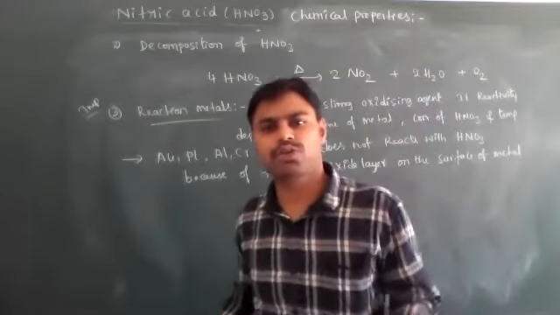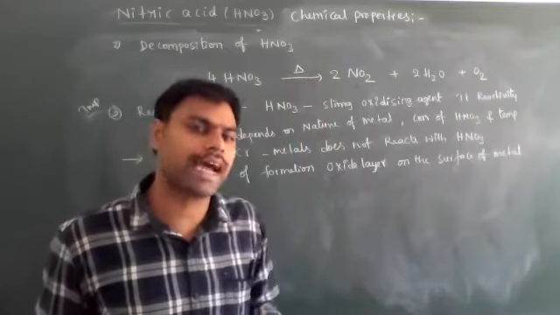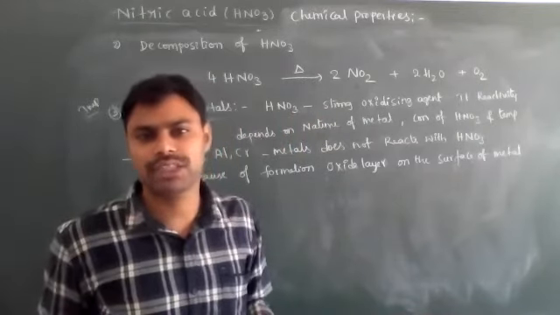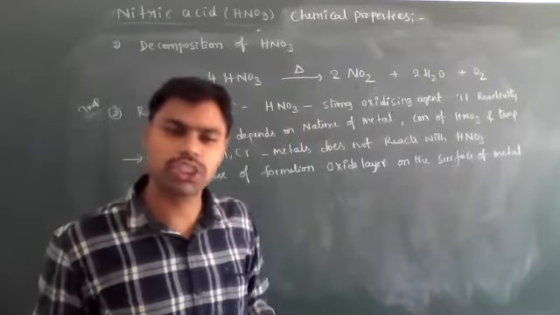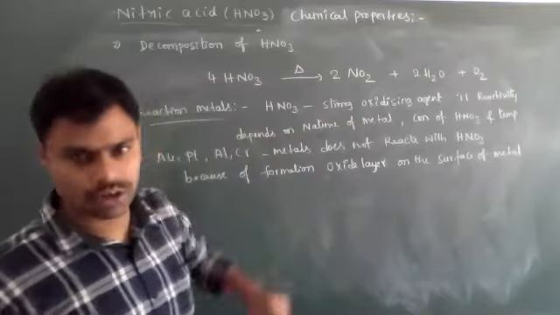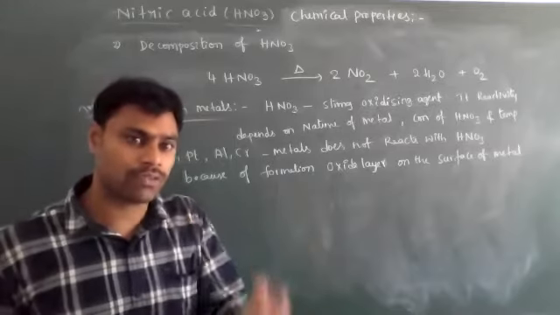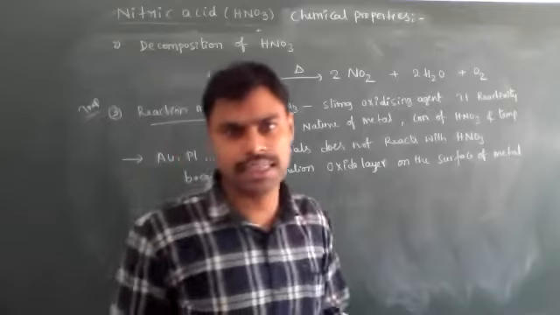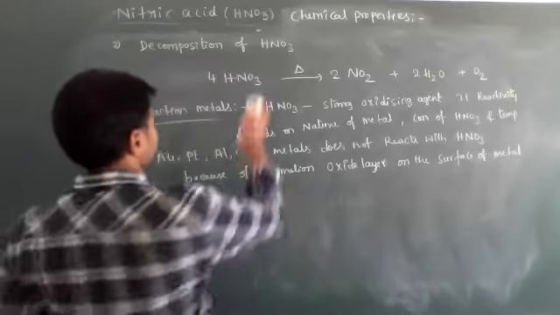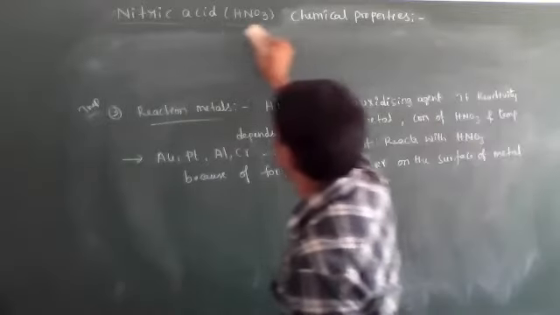The metals are of two types: those more electropositive than hydrogen, and those less electropositive than hydrogen. They react with HNO3 in two conditions, concentrated HNO3 and dilute HNO3. Let's see both conditions and how the products form.